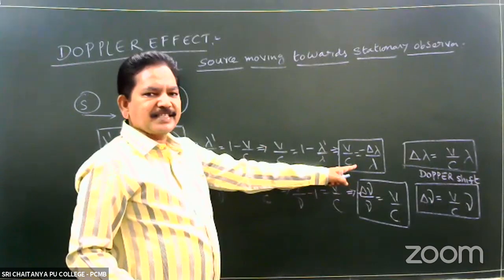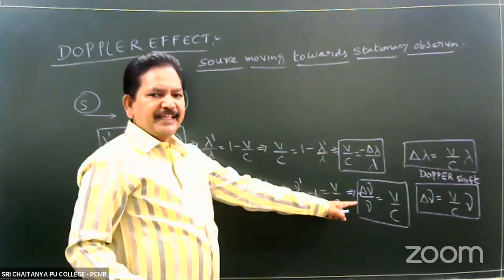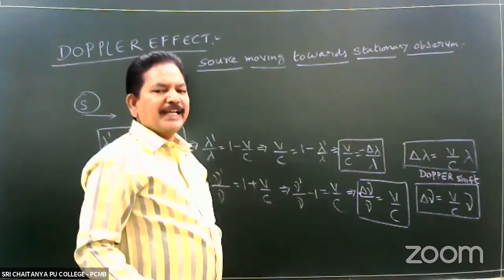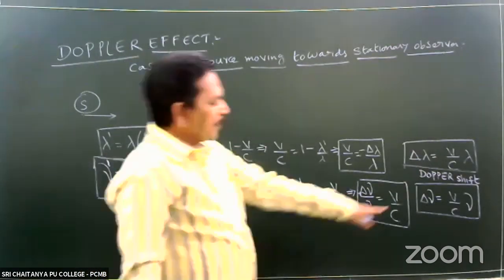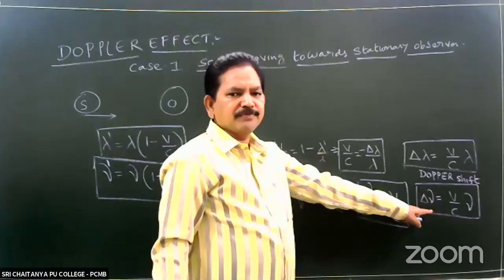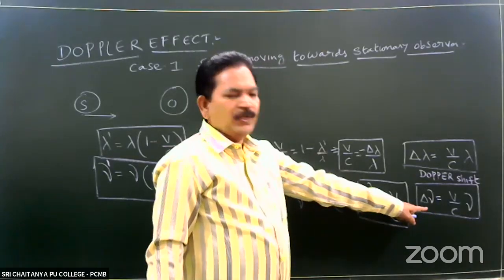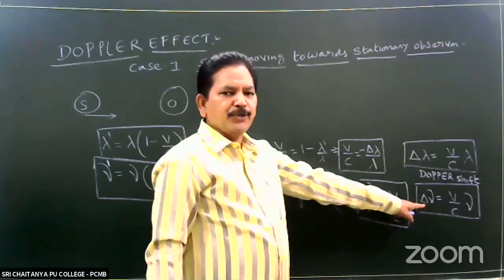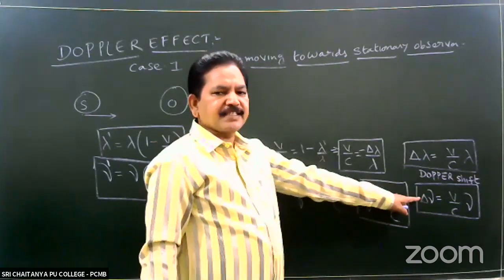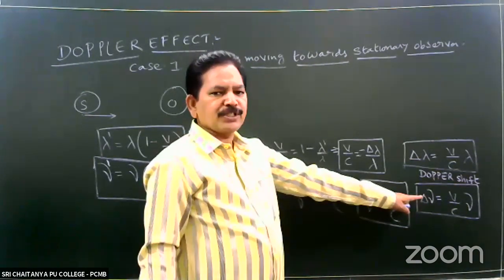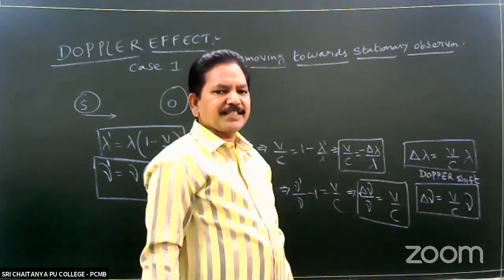Wavelength here decreases, here wave frequency increases. We can calculate Doppler shift also. What is Doppler shift? Delta nu is equal to V by C into nu. Nu is the original frequency, V is the velocity of source, C is the velocity of light.